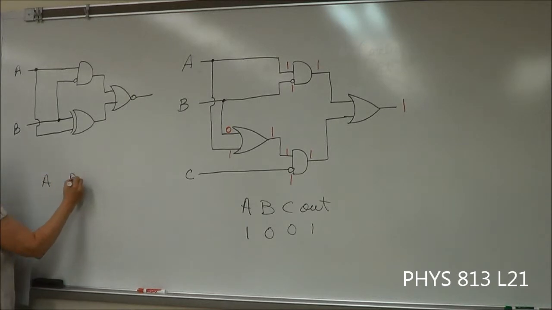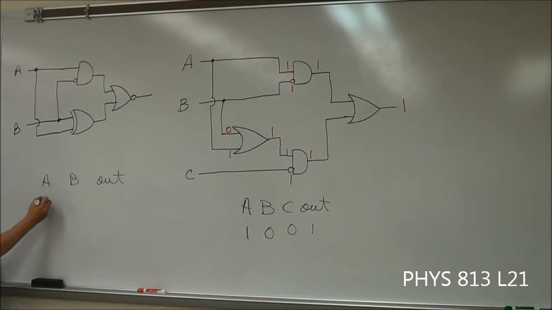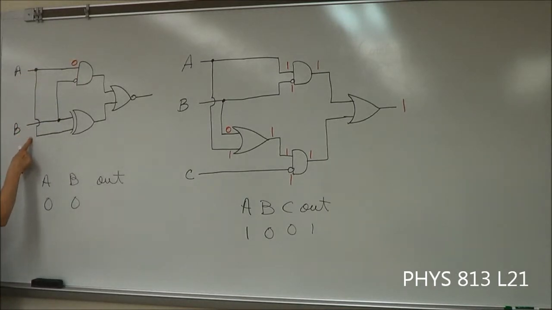So we have our A, B out, and let's see, we might as well just do the first one, 0, 0, and see what we end up with. Because I actually did all of these. Okay, we'll start out with A is 0, so that goes over here. A also goes down here to this one, well, that's 0.